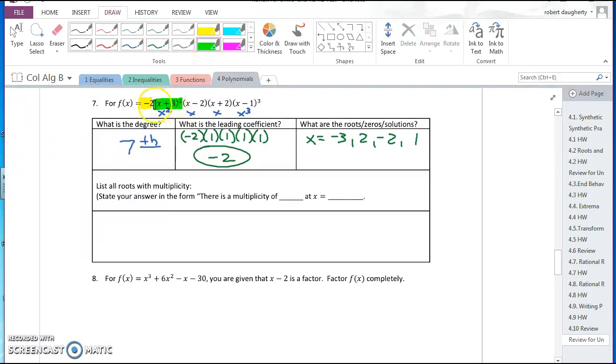Looks like there's a multiplicity of 2 there and a multiplicity of 3 there. So the way that we write this, there is a multiplicity of 2 at x equal negative 3 and there's a multiplicity of 3 at x equal 1. Okay.